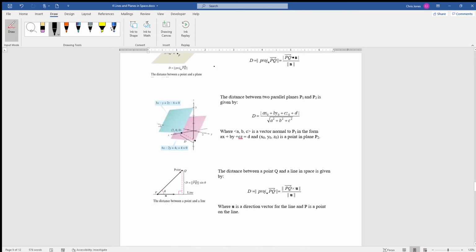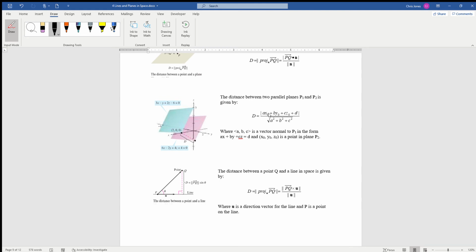A second formula we can look at is the distance between two parallel planes. Essentially, if we have two equations of planes, we can find a normal vector to one plane and a point on another plane. And we do the exact same thing as before, and find the dot product.